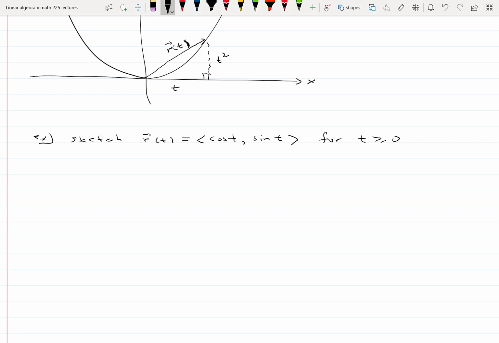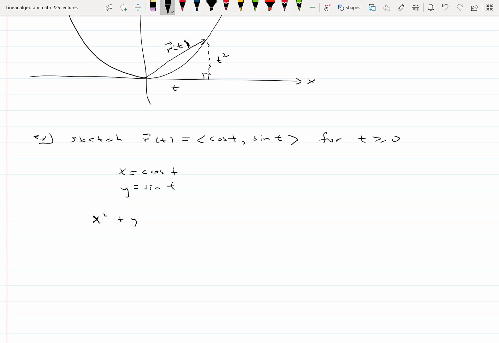Okay, so let's see what's going on with this. I would like to eliminate the parameter from the parametric equation. So first I'll write out the parametric equations. X equals cosine t, y equals sine t. Those are the component functions. And I want to eliminate the parameter. With parametric equations like this, a little bit of trigonometry goes a long way.